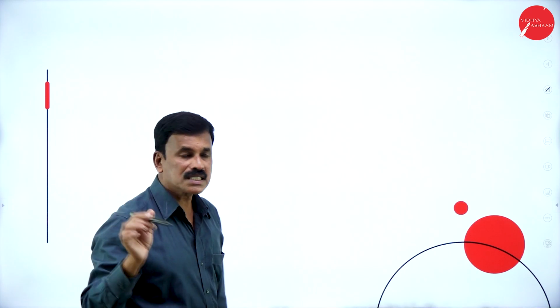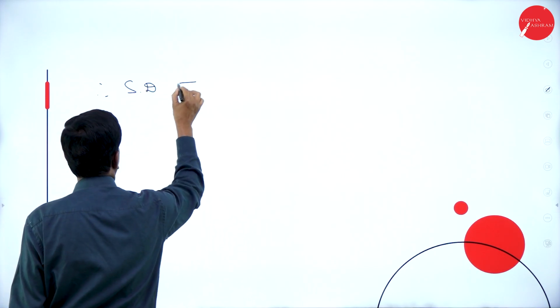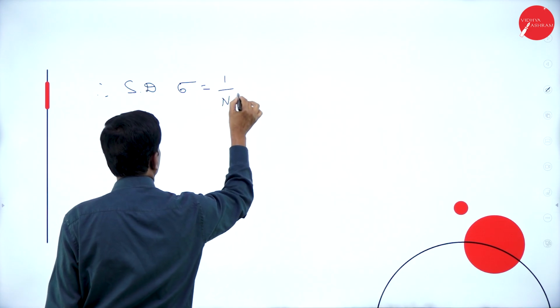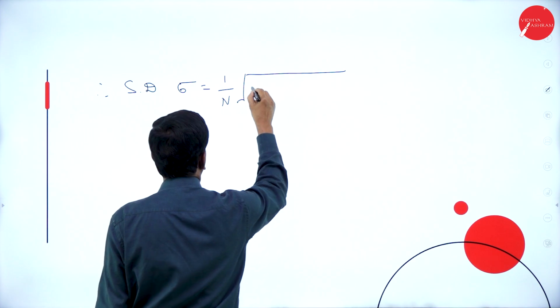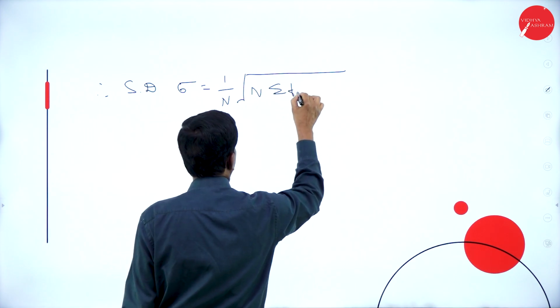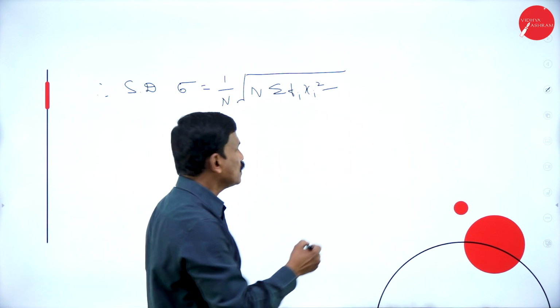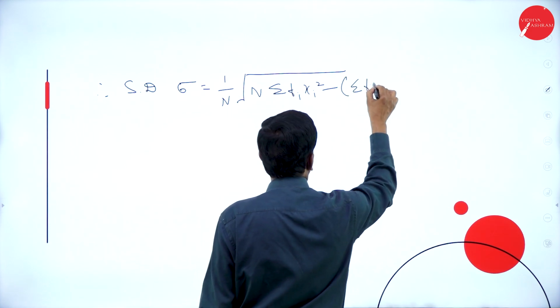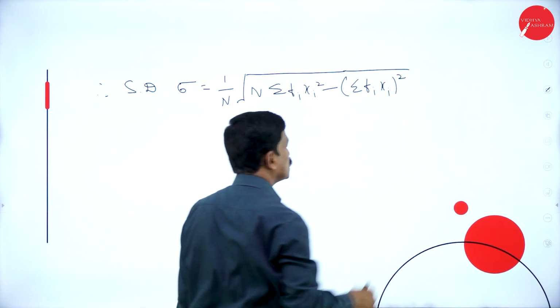Now to find the standard deviation, therefore the standard deviation rho is equal to 1 over n times the square root of n into sigma fi xi square minus sigma fi xi whole square. That's it.